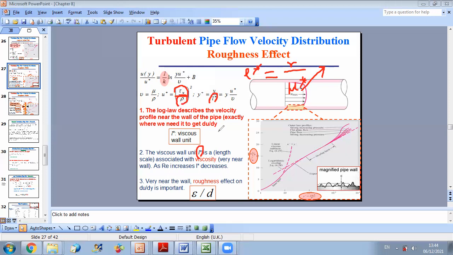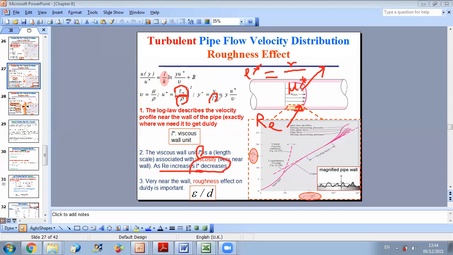Whenever you have that, when Reynolds number increases, what will happen? We will see that the shear stress effects will be reduced. Why? Because as Reynolds number increases, the viscous wall unit L star will decrease.